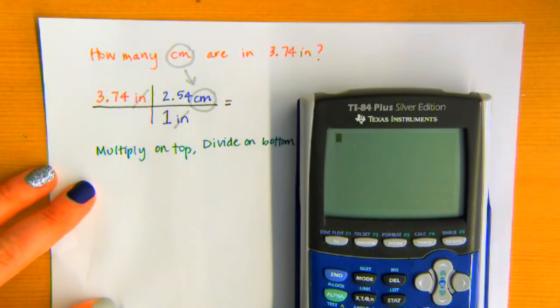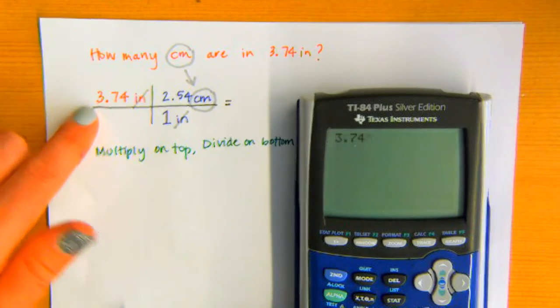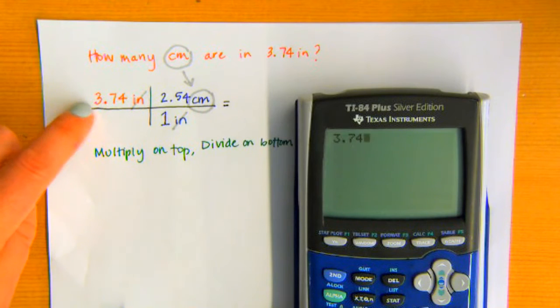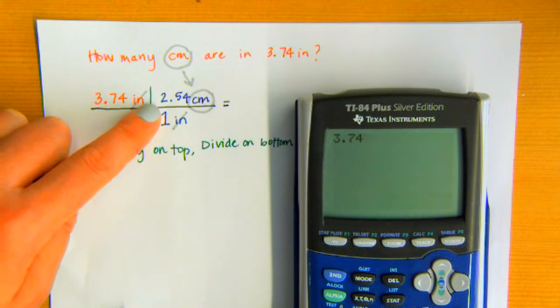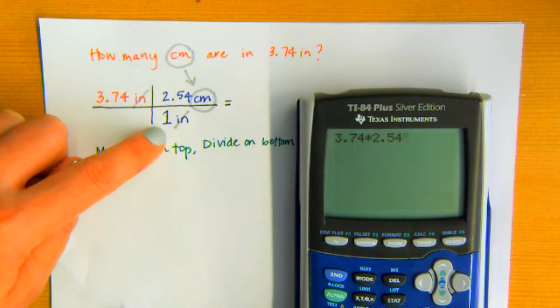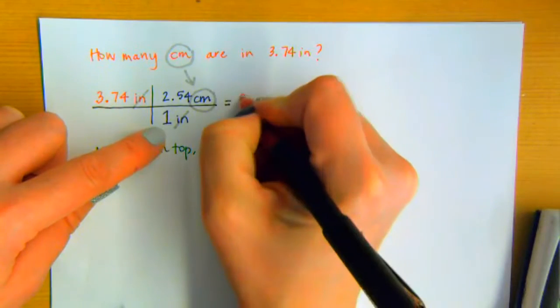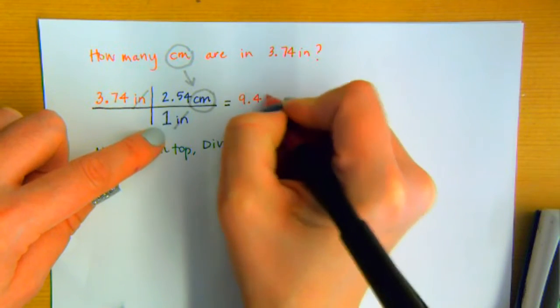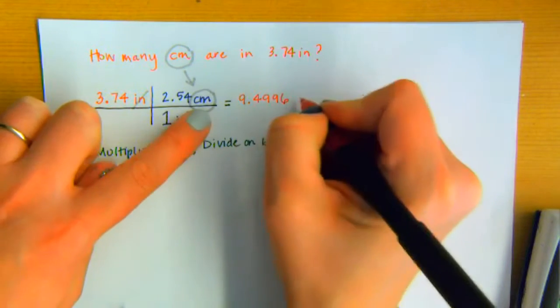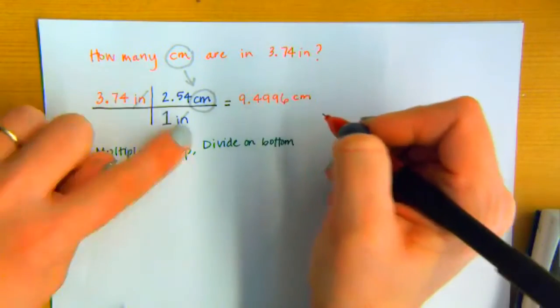I'm going to type in 3.74, and just always start from the left. Type in 3.74. I'm going to multiply anything that I see on top, so times 2.54, and divide by things on bottom. Well, I could do that. Divide by 1. Okay. And I'm going to get an answer, 9.4996. And that would be units of centimeters, because my inches canceled out.